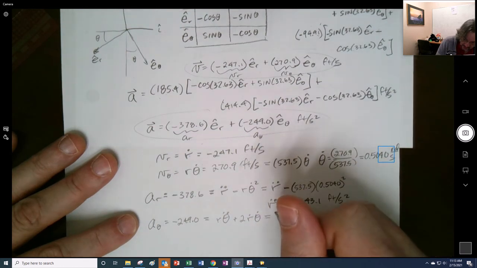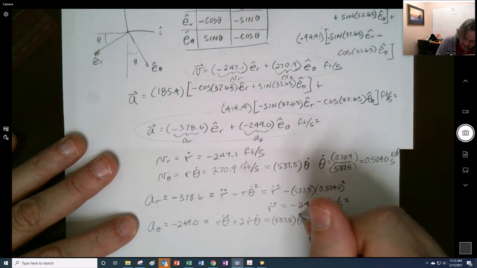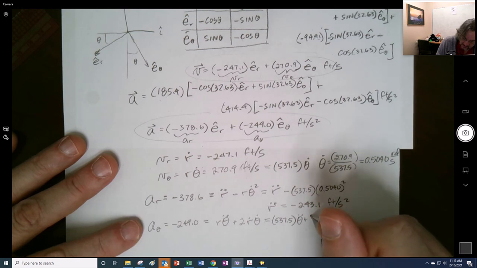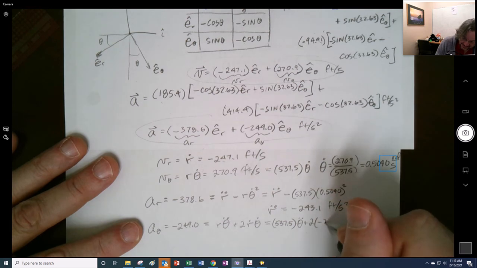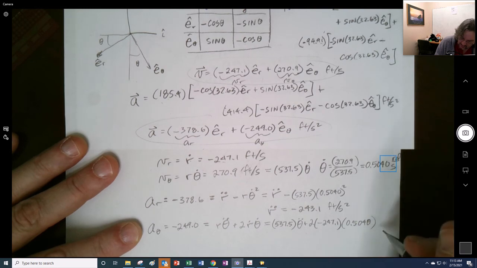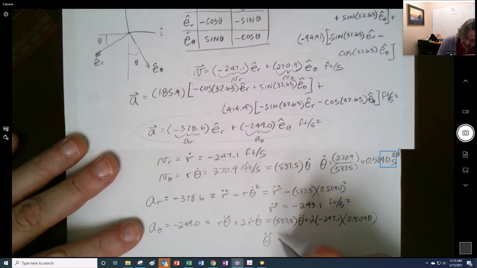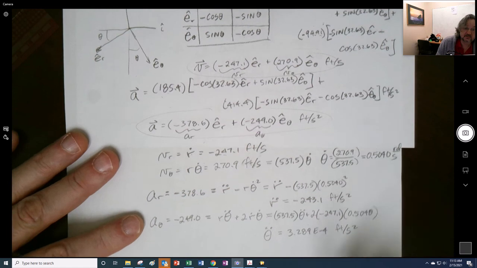So that's going to be r, which is 537.5 times theta double dot plus 2 r dot, which we found up here, which is negative 247.1, times theta dot, which we found to be positive, by the way. That means that it is counterclockwise. Right there. And so we can find theta double dot, which we find to be a very small number, 3.289 e to the minus 4 feet per second squared.